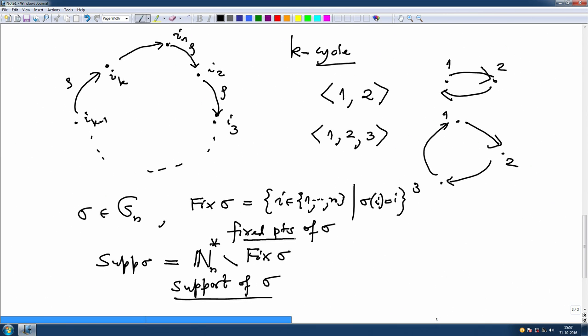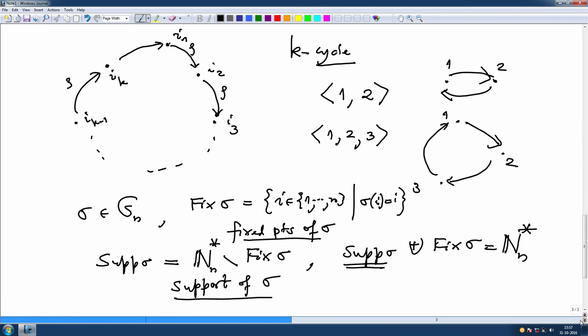And these are called the fixed points of sigma, and their union is obviously the whole set: support of sigma union fixed points. This is first of all a disjoint union because nobody is in common, and this you get the whole thing. So, to understand a permutation, one has to understand its support.